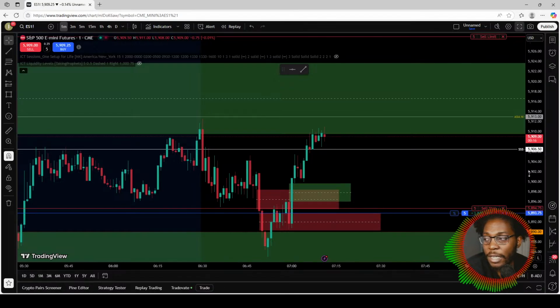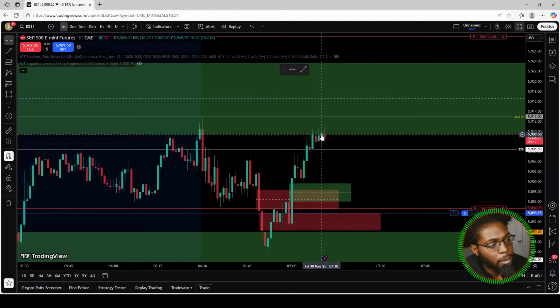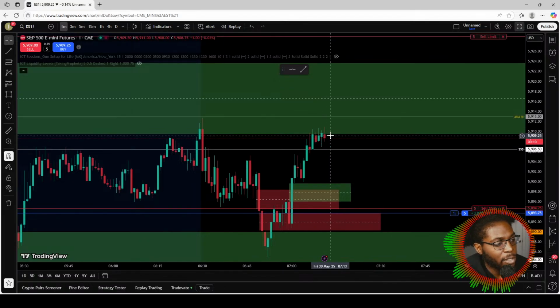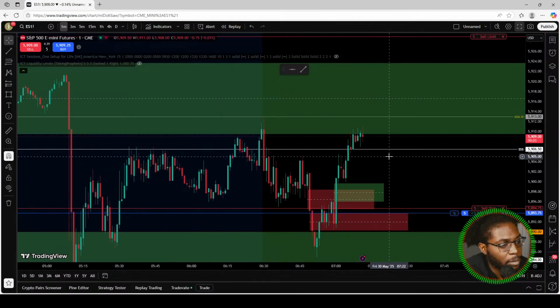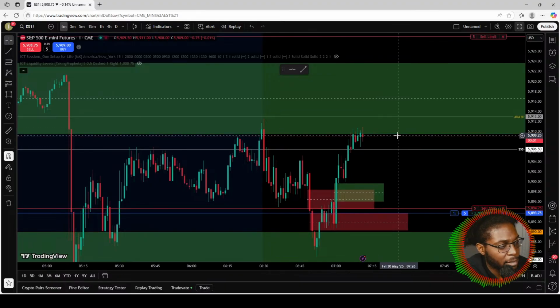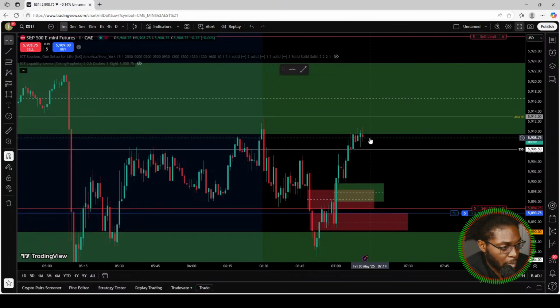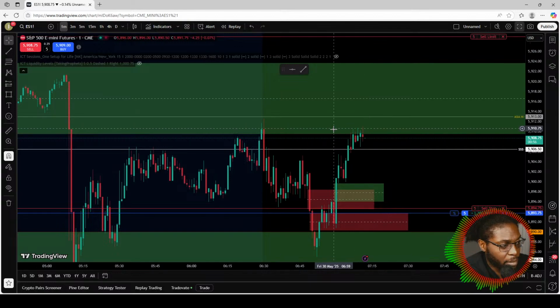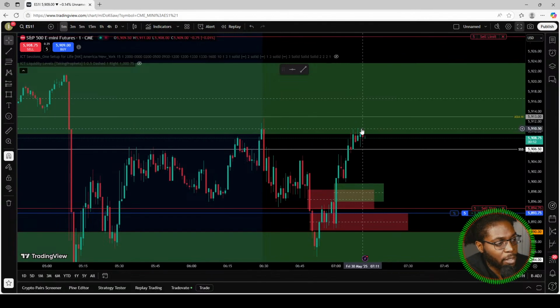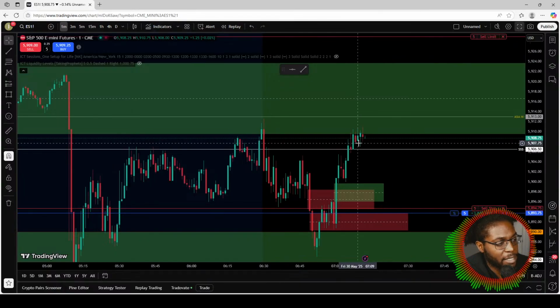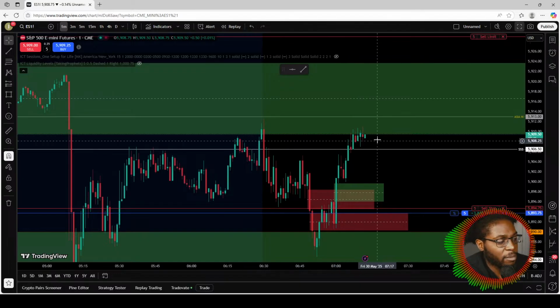So yeah, it does look like we're getting a little bit of hesitation up here. You see, it kind of looks like the candles are losing energy. But that is not necessarily the end of the trend. It could be, but sometimes when we get to high liquidity areas, a spot where price has to make a decision, price knows what it wants to do, but it's a high liquidity area.